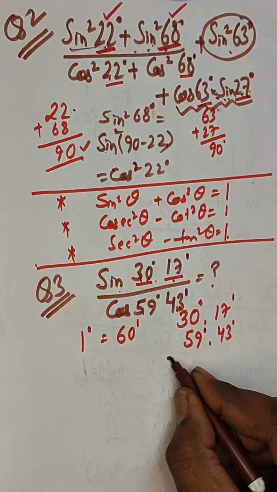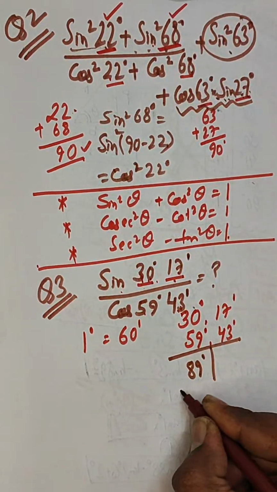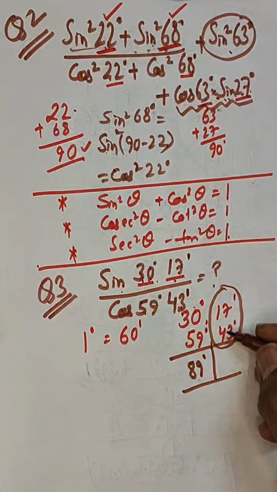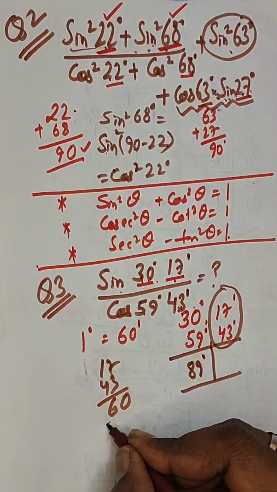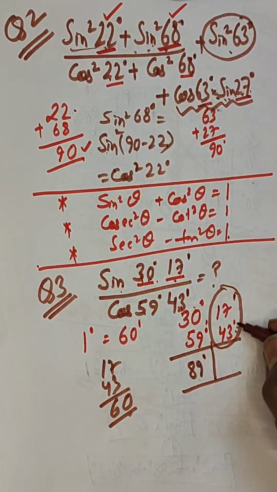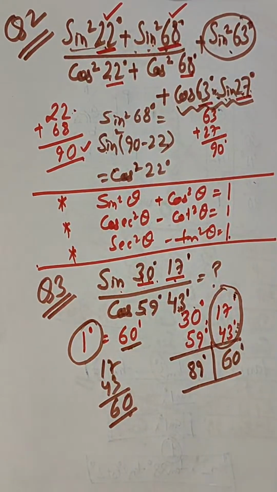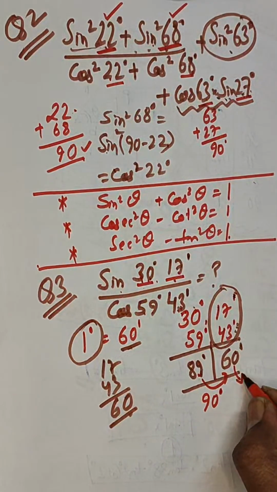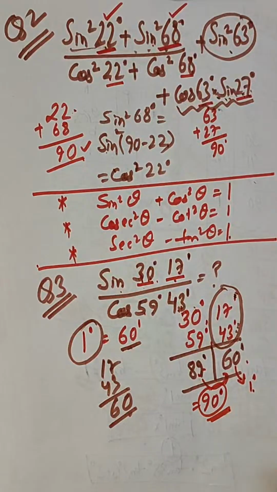When you add them, in the degrees you get 89 degree, and in the minutes 17 plus 43 is nothing but 60 minutes, which is equal to 1 degree. So 89 degree plus this 1 degree, 89 plus 1 is equal to 90. So you need to understand the concept of degree and minutes over here.